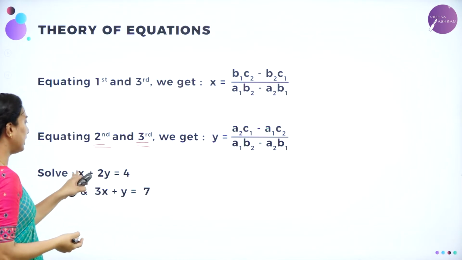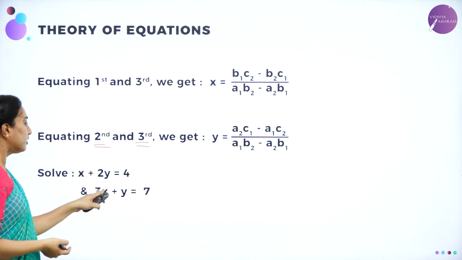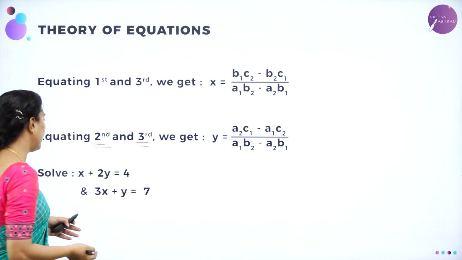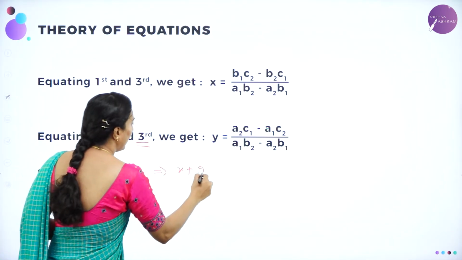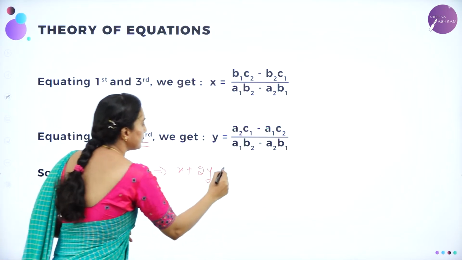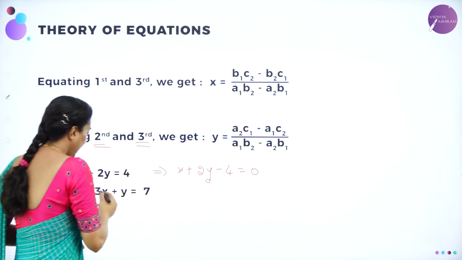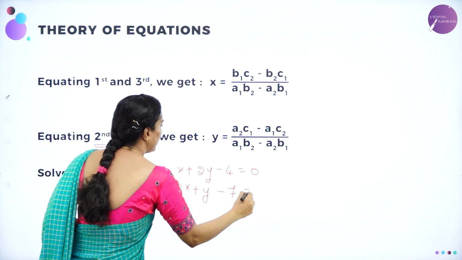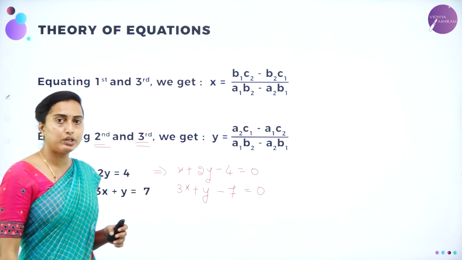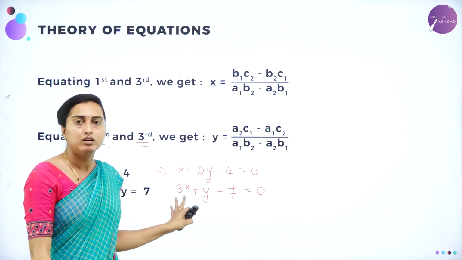Now here they have taken x plus 2y equal to 4 and 3x plus y equal to 7. You can write this as x plus 2y minus 4 equal to 0, because plus 4 comes to this side. Again, 3x plus y minus 7 equal to 0. Dear students, the degree is 1 for both.